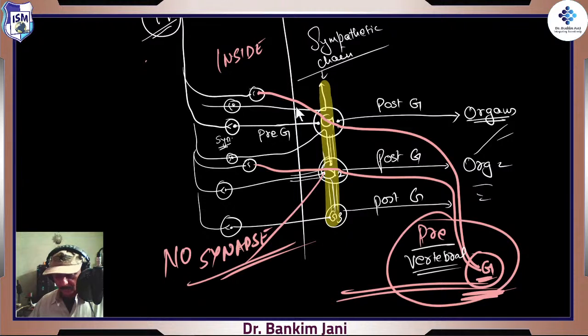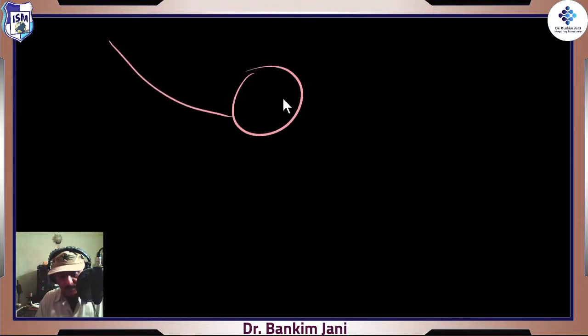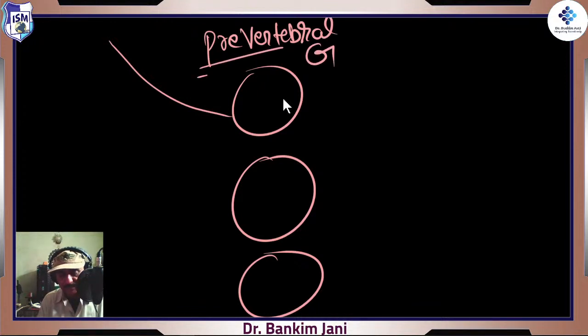So when we say this, these special fibers come, and this is their own world. There are three such special prevertebral ganglia. We just write G for ganglia.